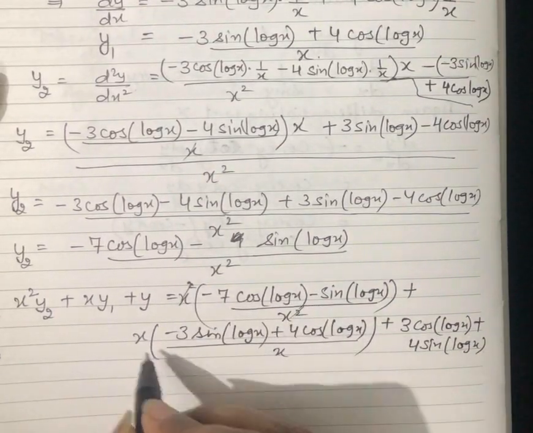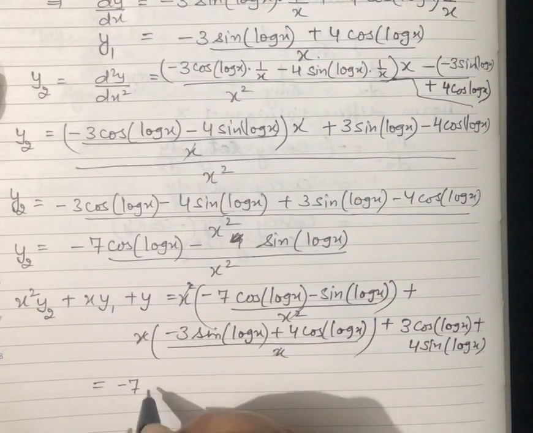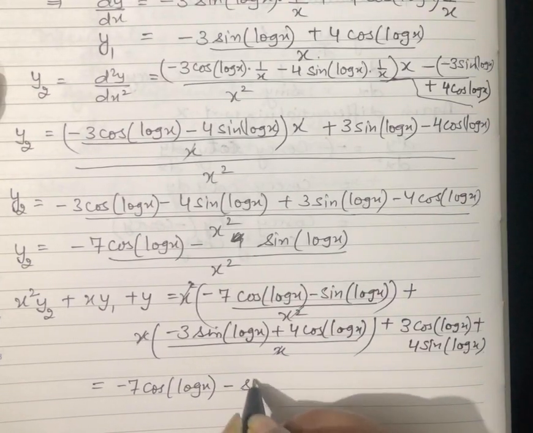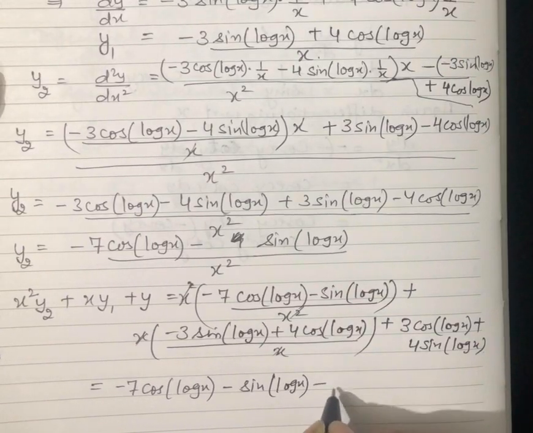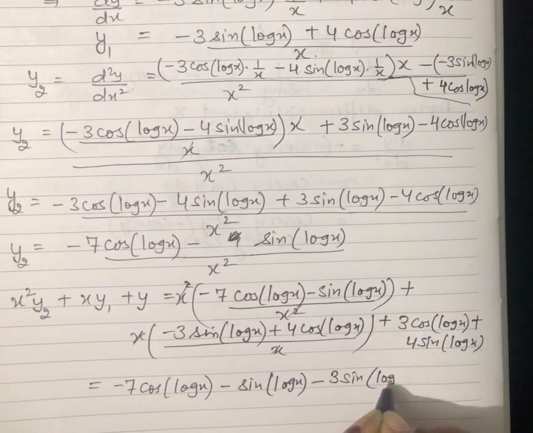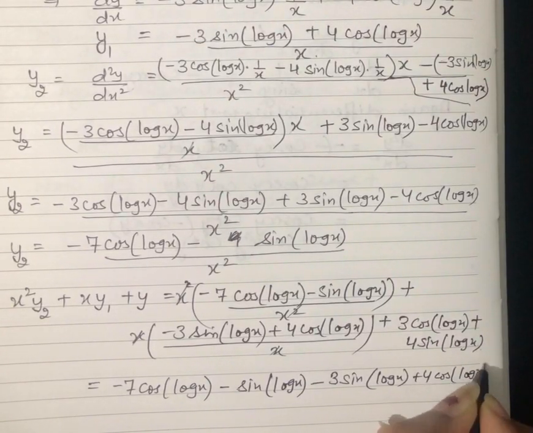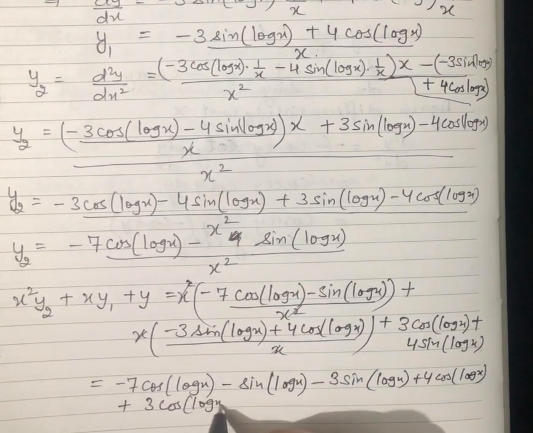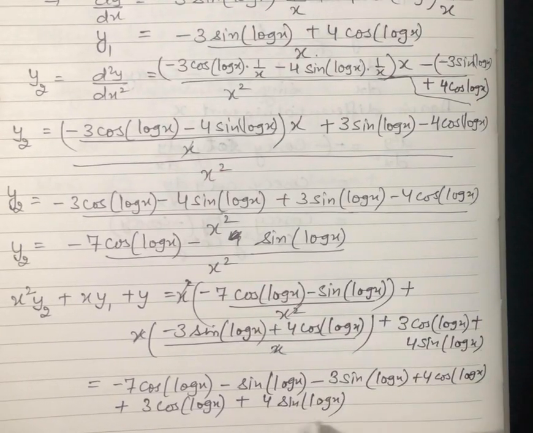So this cancels out x square, x and all this. So we are left with minus 7 cos of log x minus sine log x minus 3 sine log x plus 4 cos log x plus 3 cos log x and plus 4 sine log x.